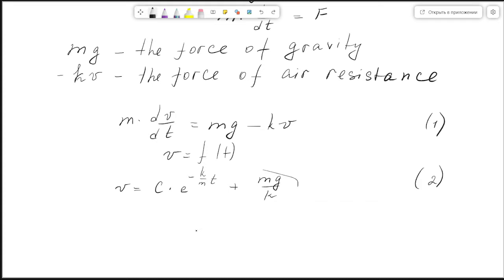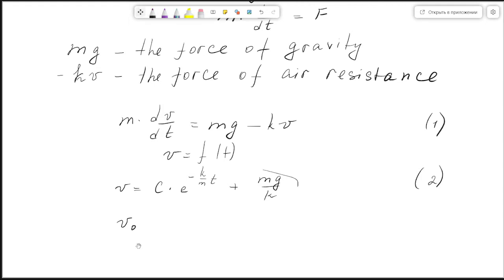To find it, we take advantage of a supplementary condition. When the body was dropped, it was imparted an initial velocity v0, which may be 0 as a particular case.